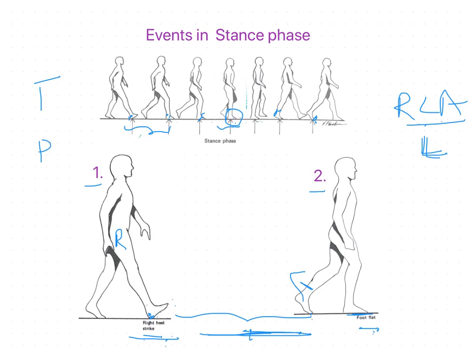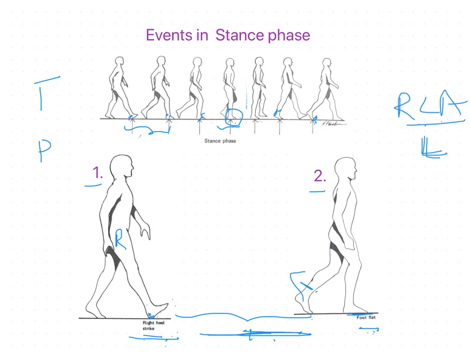It begins at initial contact and ends when the contralateral extremity lifts off the ground at the end of double support. I have already explained double support in the previous session.